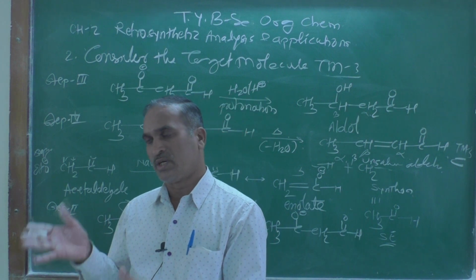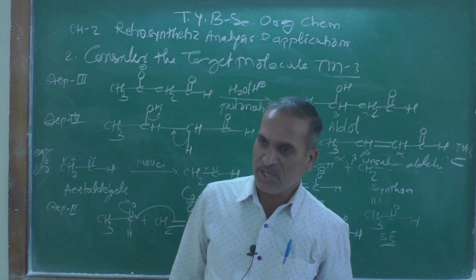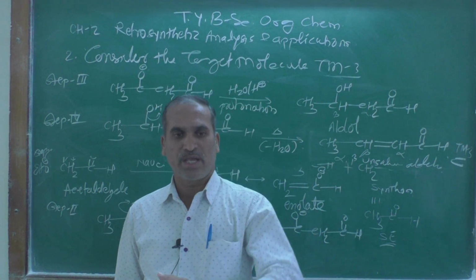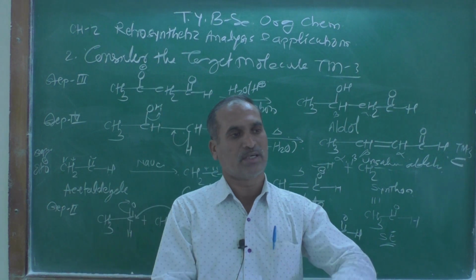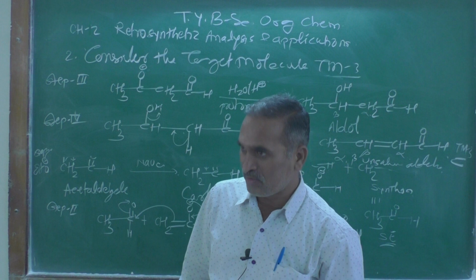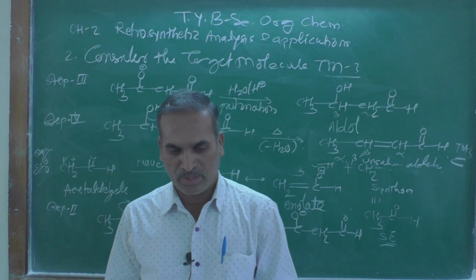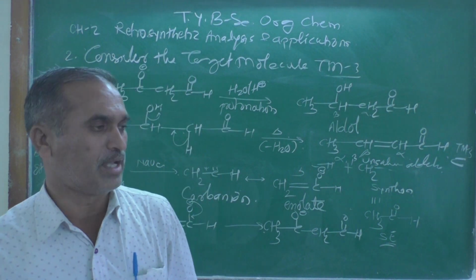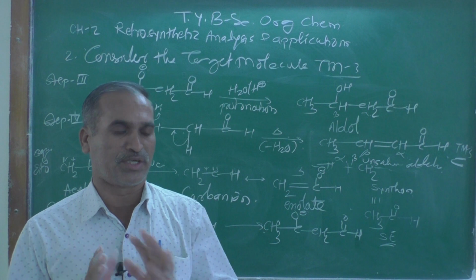Once you do the retro, then it is very easy to synthesize by indicating the proper reagent and the reaction condition. You will arrive at the final product by using a suitable reagent and maintaining a proper reaction condition.